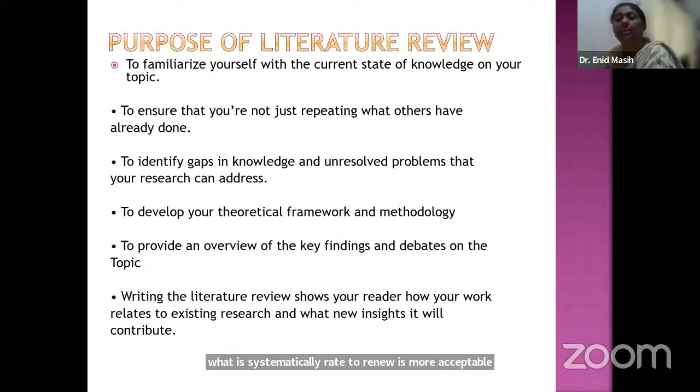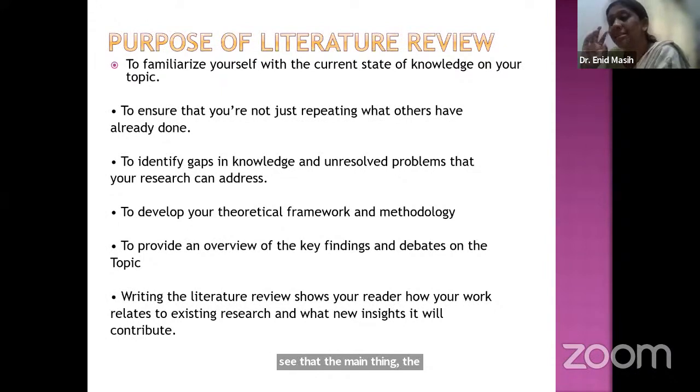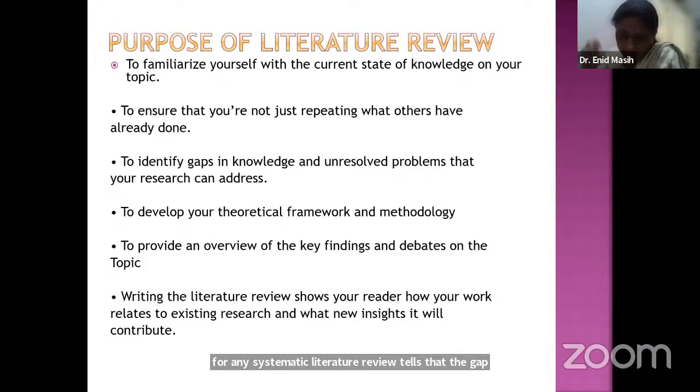The first and foremost rule for any systematic literature review is gap identification. You have to identify your gap properly, and only if you identify your research gap properly will you be able to formulate your research question.